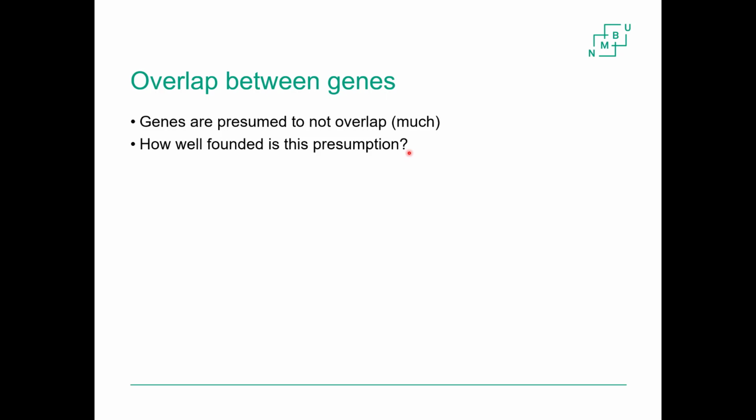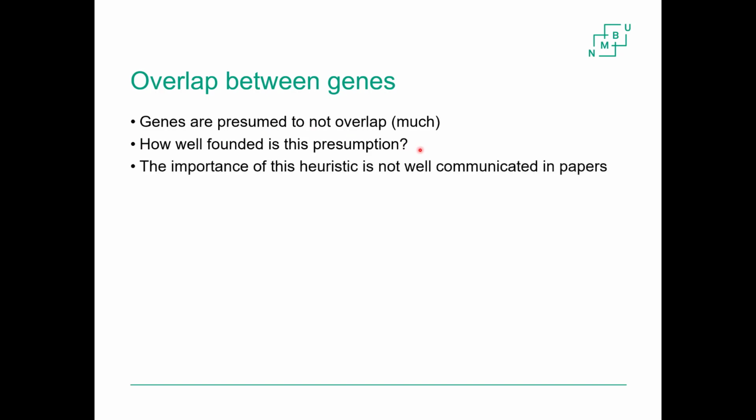They cannot overlap because you can only transcribe one of them and the other one is blocked while you transcribe the first one, right? So genes that must be transcribed consecutively or almost at the same time must be next to each other, not on top of each other. But genes that are not linked in this way can very well overlap, I think. There is no argument against it.